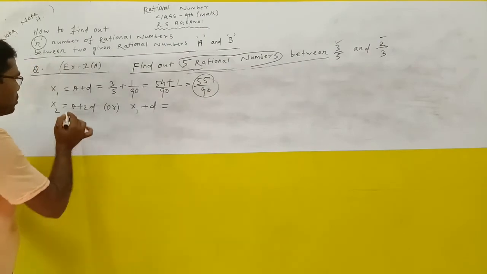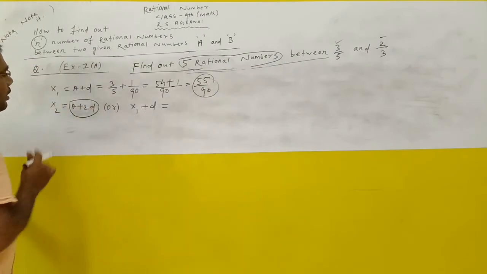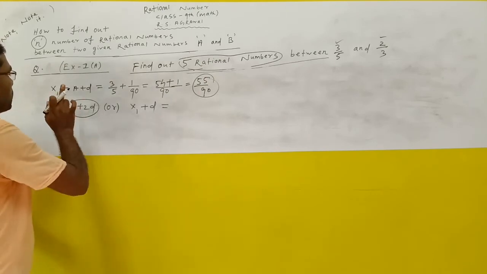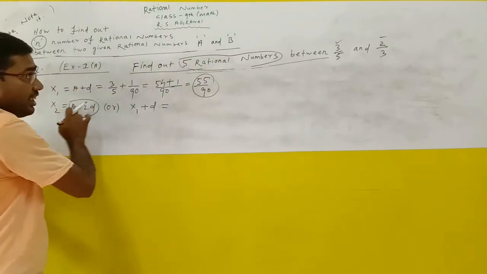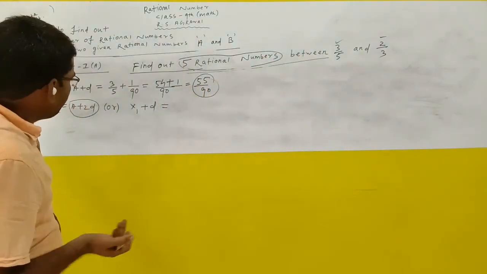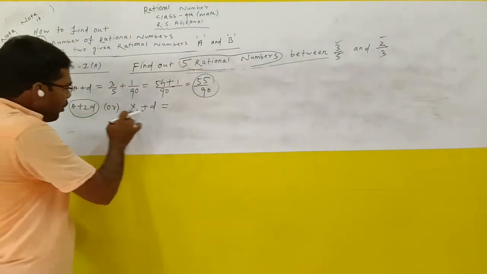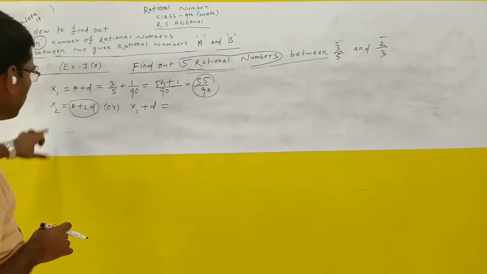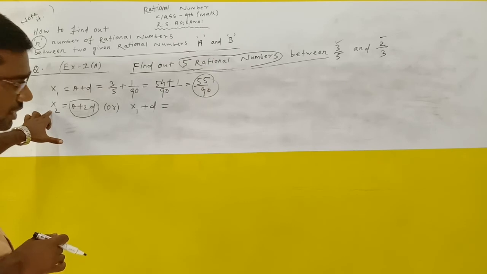If you use the other formula, then you have to add twice of d to your first rational number, that is a. So you can use any one of these two formulas to find out the second required rational number, that is x2.